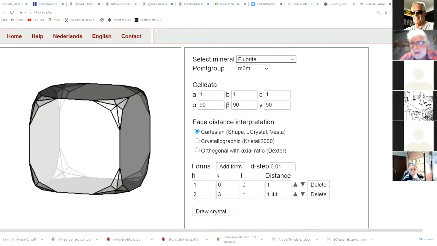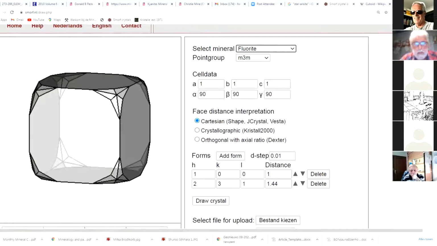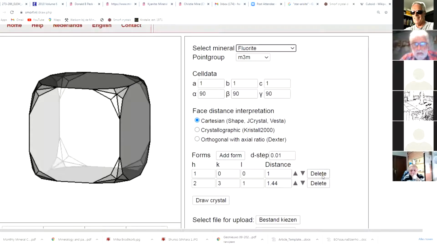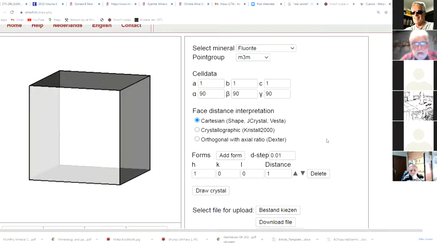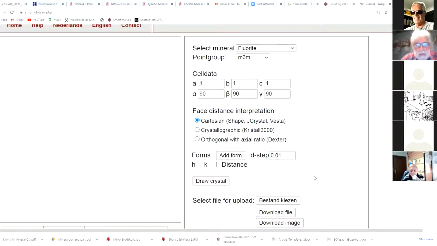So let's delete this one, okay? And let's delete this one too, okay? So now I don't have any crystals showing here on my left screen, okay? So what we're going to do is add a form.